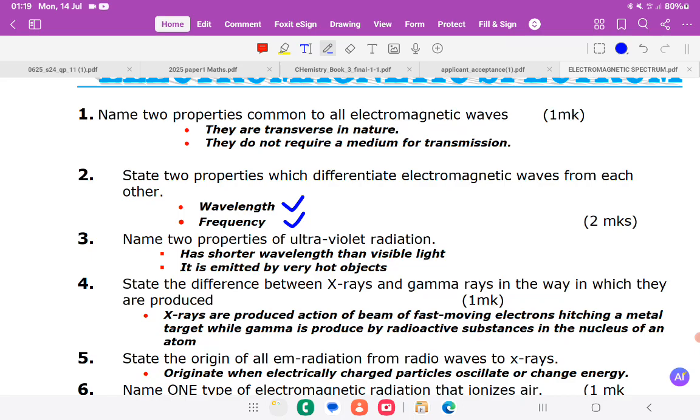Now, let's suppose that we are looking at the electromagnetic waves in order.